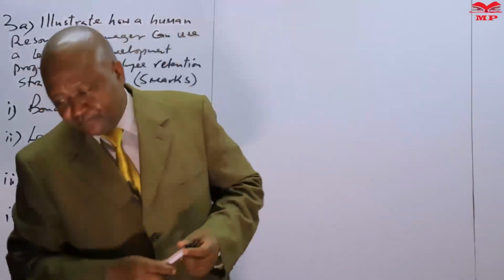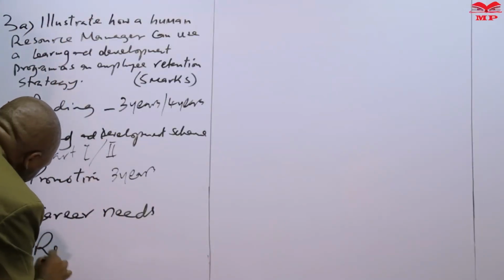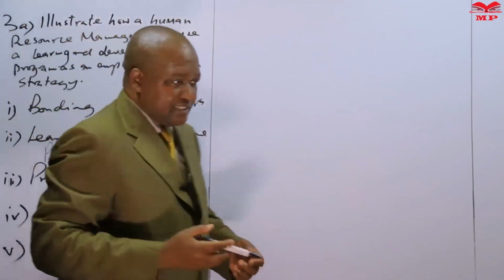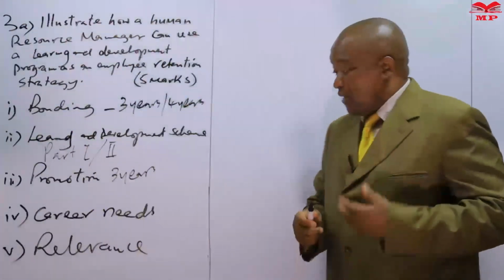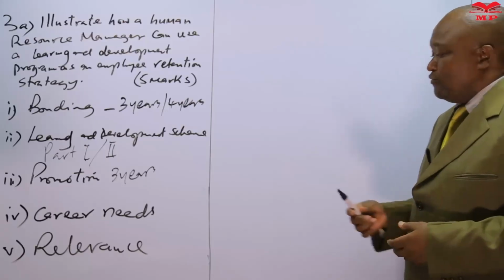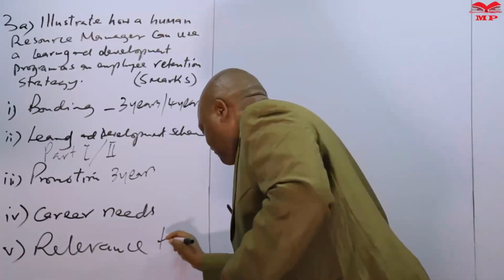Then fifthly, relevance. In some cases, it has been said that organizations mount training programs and workers take training programs which may not be relevant to their work needs. So relevance to work.